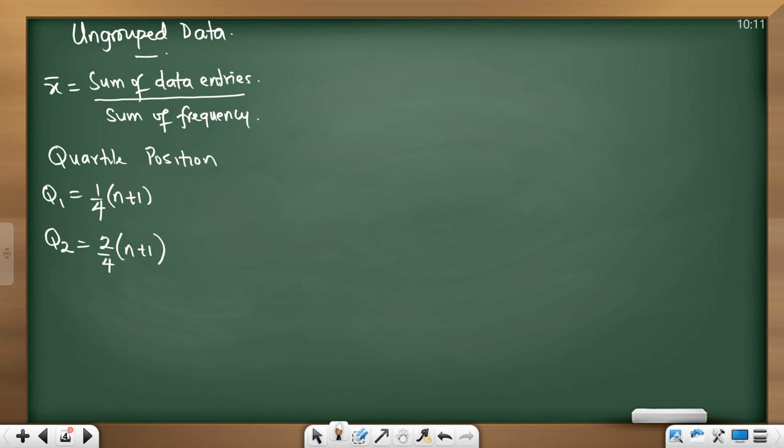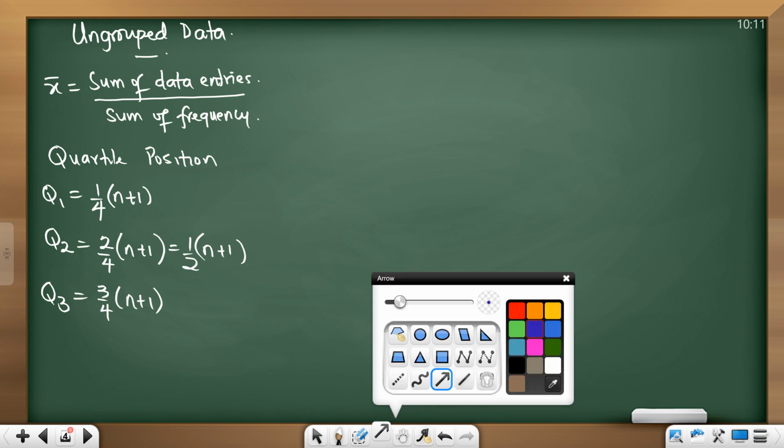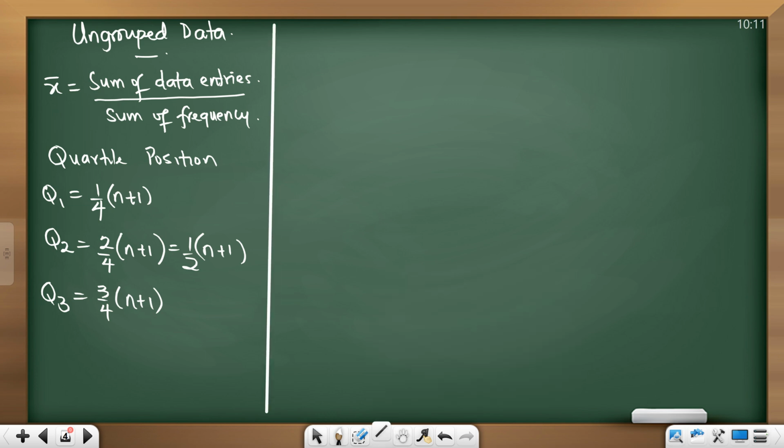But the 2 over 4 can be simplified to what? A half. That's where we get the half from. But otherwise, quartiles are 1 over 4, 2 over 4, like that. And what's your Q3? 3 over 4, n plus 1. And then you go find the position. Okay. And if it's not a big data, you can easily what? Count. All right, box and whisker.